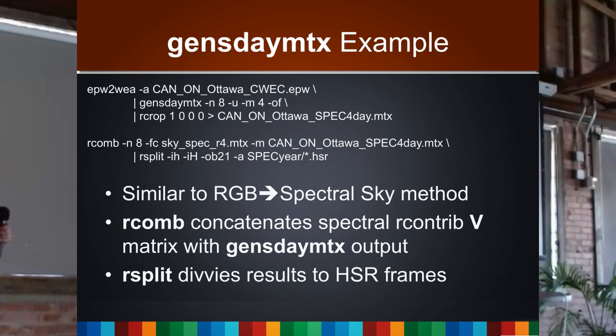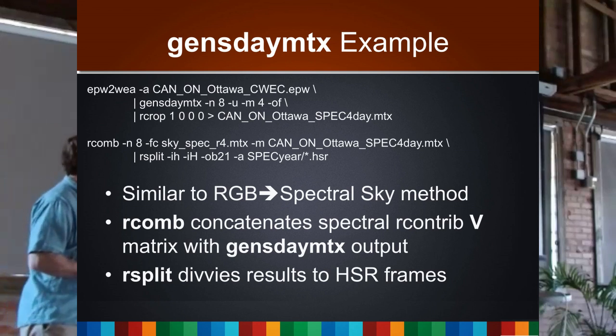It doesn't matter for subsequent runs. And yeah, it's fairly efficient. It doesn't take that long to run. Initially it did because there was some reloading that was happening that we fixed. And then it just gives you the spectral sky data matrix, which you can apply with RCOM.